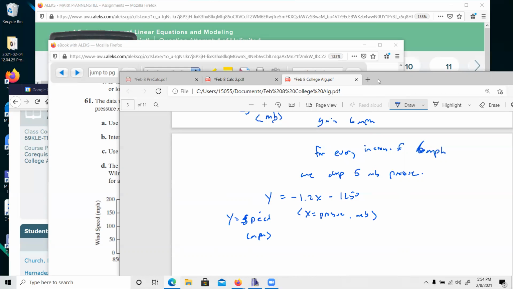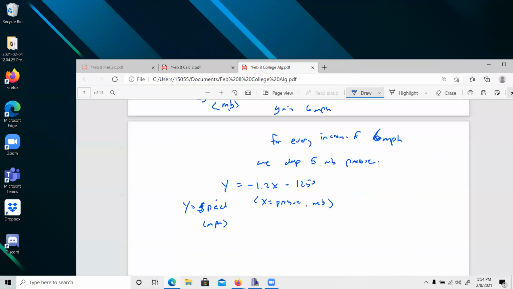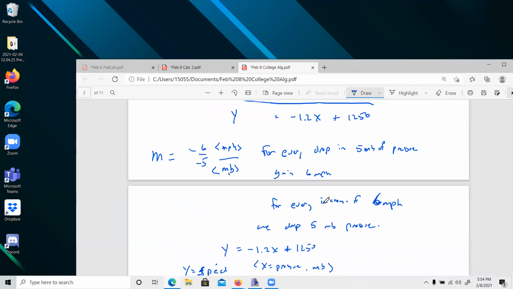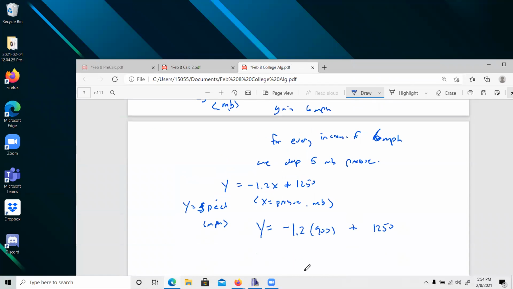So what we're going to do is we're going to plug in for x 900. Okay, so y is equal to negative 1.2 times 900 minus, nope, that's a plus 1250. Right, it was a plus up here, it's still a plus. So let's go to our calculator and figure that out.